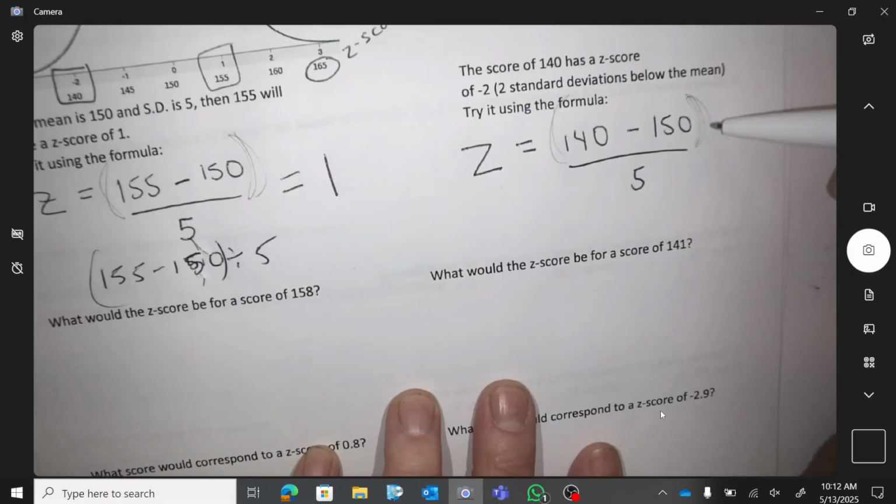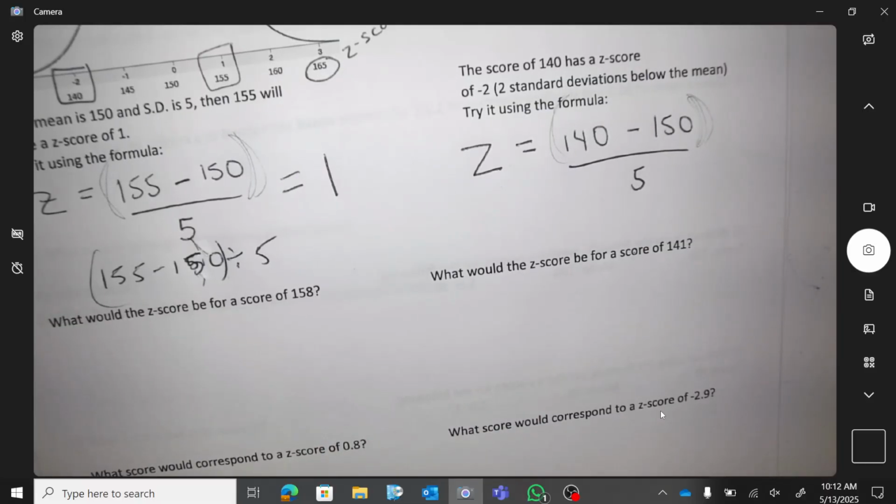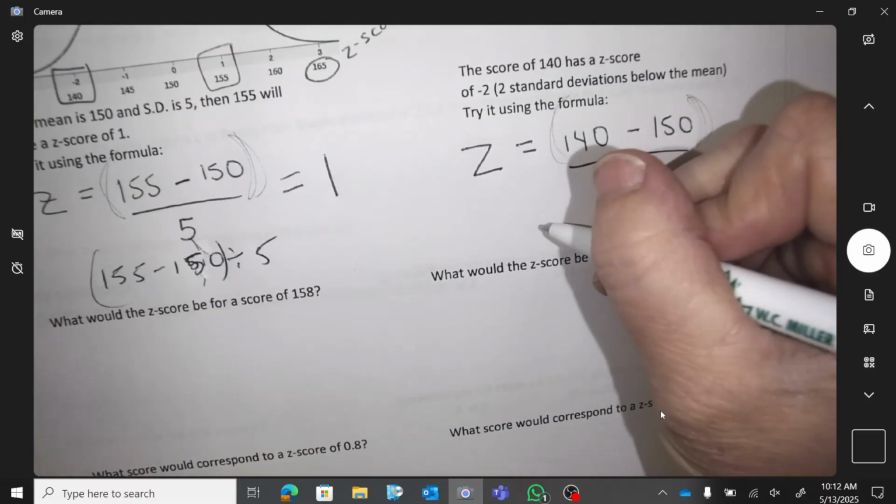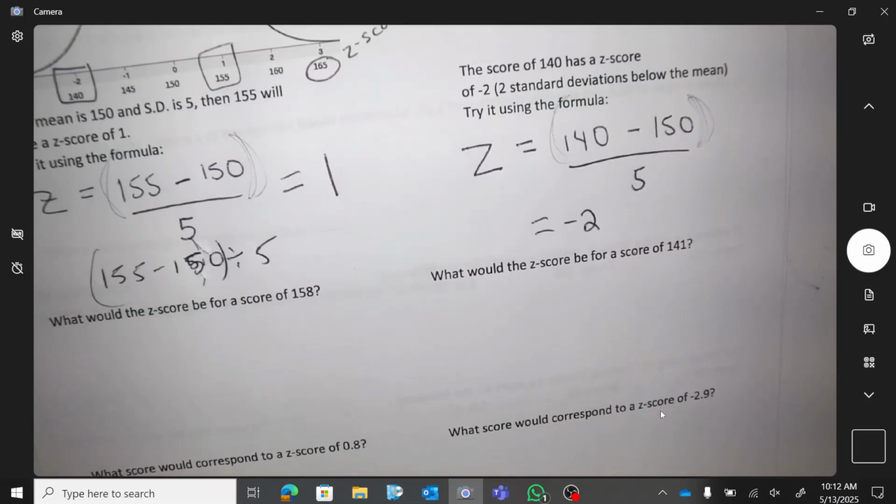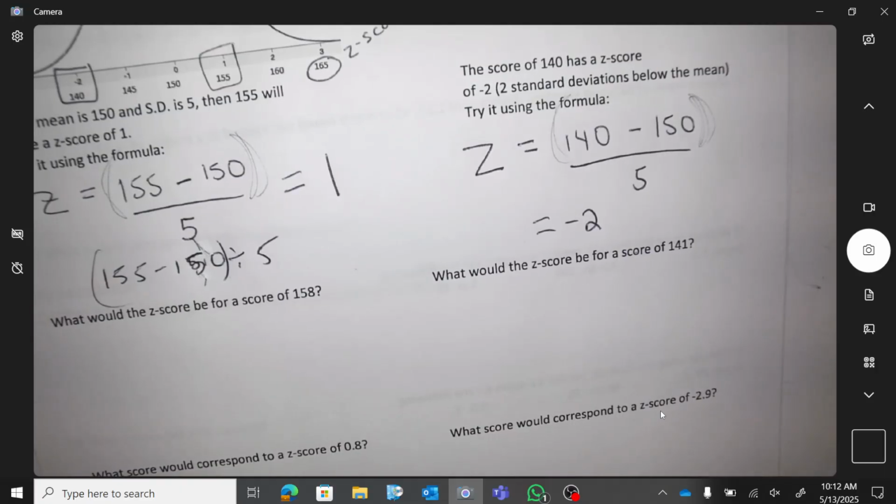And we need brackets, right? Try it, and I told you the answer should have been -2. And the standard deviation is a provided value. I would always say, here's the mean and here's the standard deviation, figure out the rest.